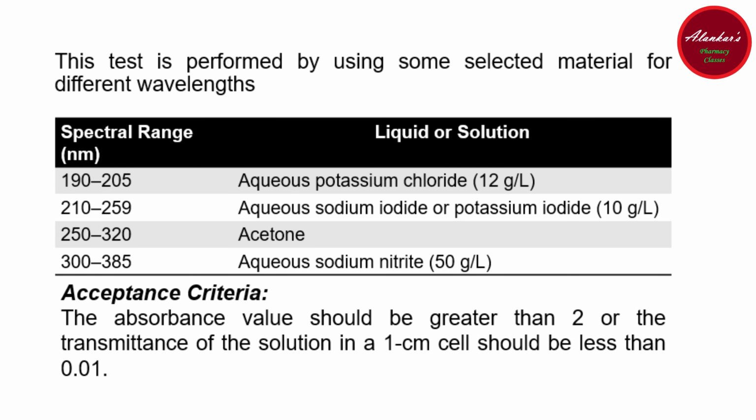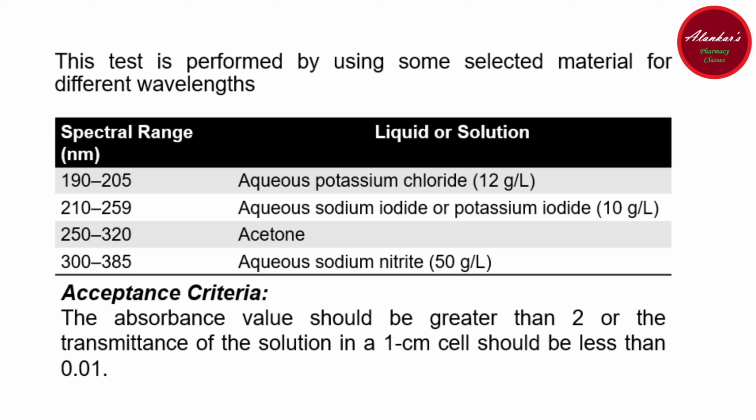This test is basically performed using selected materials for different wavelengths. For example, if the spectral range is between 190 to 205, we use potassium chloride, 12 gram per liter; in the range of 210 to 259, aqueous sodium iodide or potassium iodide, 10 gram per liter solution is used; in the range of 250 to 320 nanometer, acetone is used; and in the range of 300 to 385, aqueous sodium nitrite 50 gram per liter solution is used.